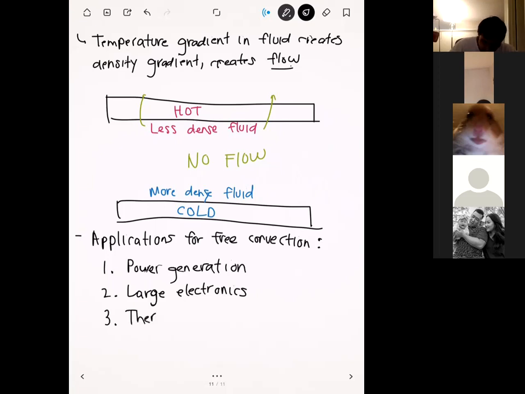Any kind of manufacturing that requires very high temperatures, maybe you're annealing something or baking something in an oven. Because you have a very large temperature difference there, that's going to create density gradients. And HVAC, heating, ventilation, and air conditioning, is another place where free convection can occur.